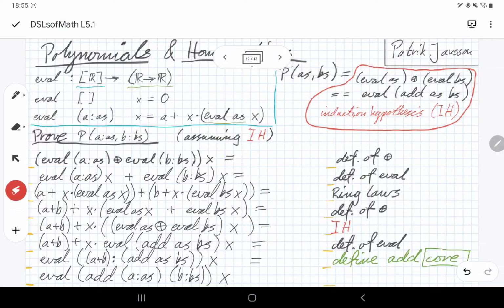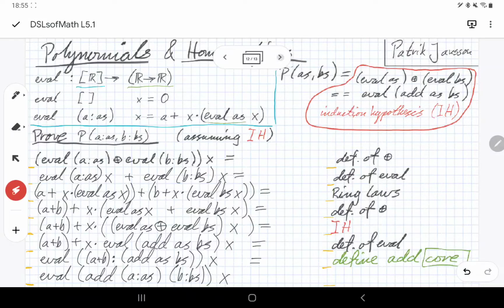So basically this is saying that, well, if we define add in such a way that when it takes two non-empty lists, it should add up the first components, put it in the front, and continue recursively with the rest of the lists. So if we define add, which was the core left in the definition of add, if we define it in this way, then the proof is done. And we're free to define it, and we were just trying to see, does there exist any add? So let's take this definition.